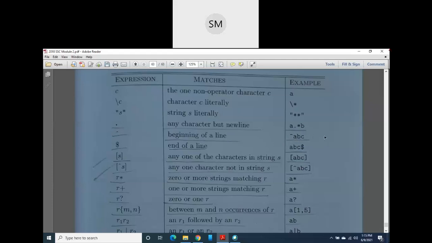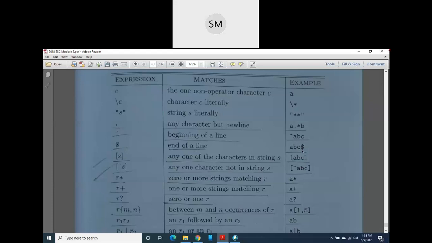ABC, D up to Z, whatever it may be. It is not compulsory that it should be ABC followed by any strings or characters you write here. This cap should be at the beginning of the string, indicating this is the start of my string.